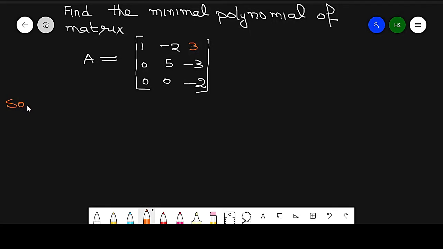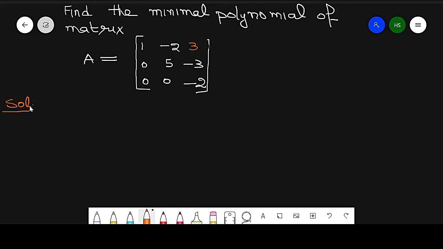Solution. So how can we find the minimal polynomial? Just remember, first find the characteristic equation, then find the minimal polynomial from that characteristic equation. If we have distinct roots of the characteristic equation, in that case the minimal polynomial is the same as the characteristic equation.